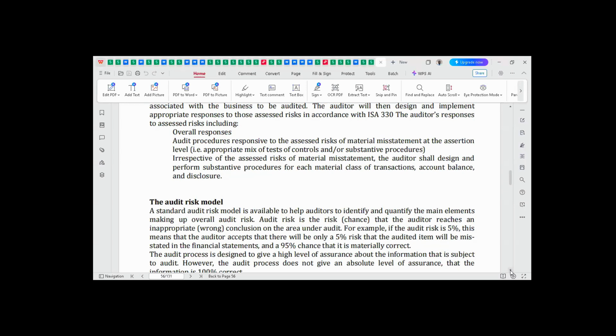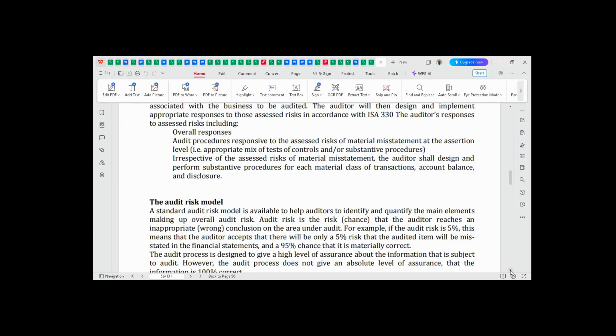Now, audit risk, what it means is this: you are conducting an audit. If you have not gained understanding of the client business, if you have not understood how the client business operates as an auditor, there is high chance that your audit report will not be great.